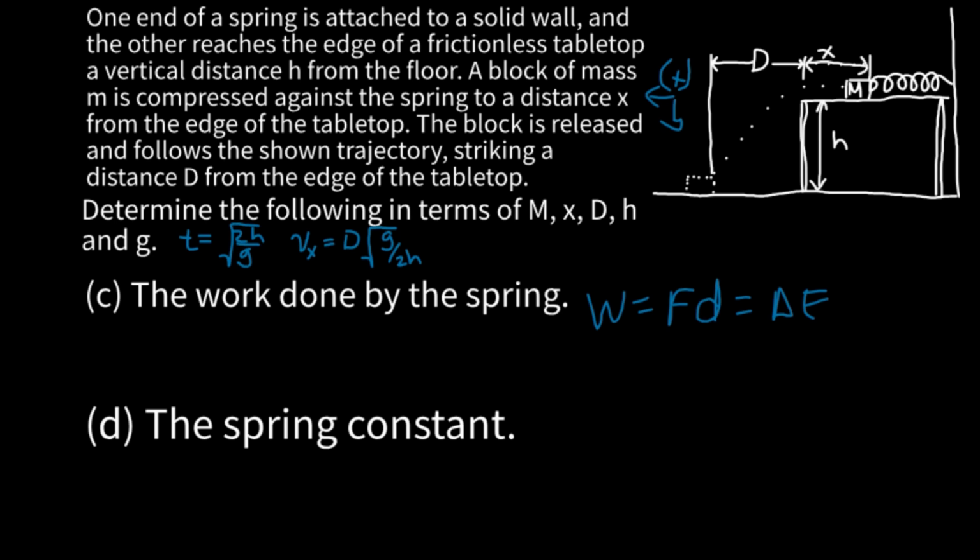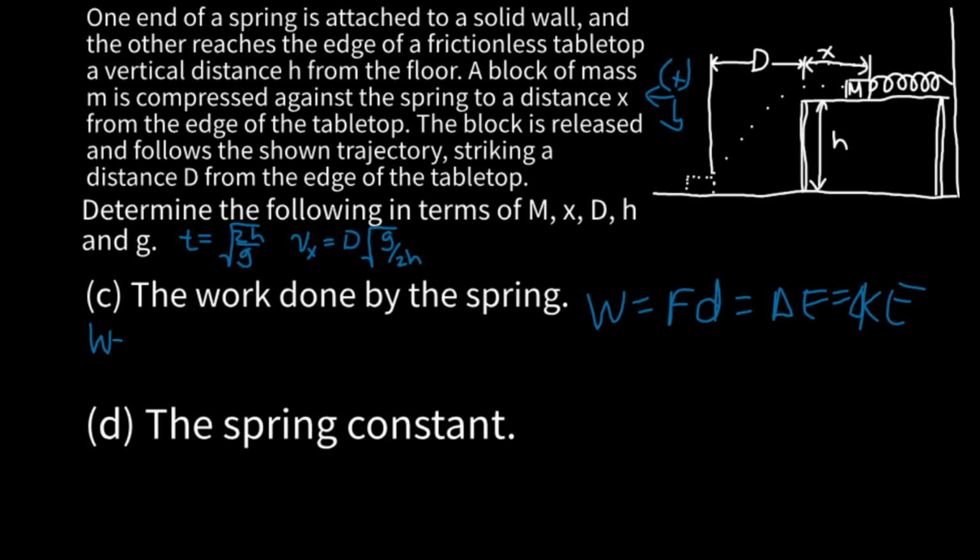So if that block has kinetic energy, that was given to it through work done by the spring. So we need to look at the change in kinetic energy of the block. We know delta means final minus initial. We know the block had no initial kinetic energy, so any work done by the spring is that final kinetic energy that the block has.